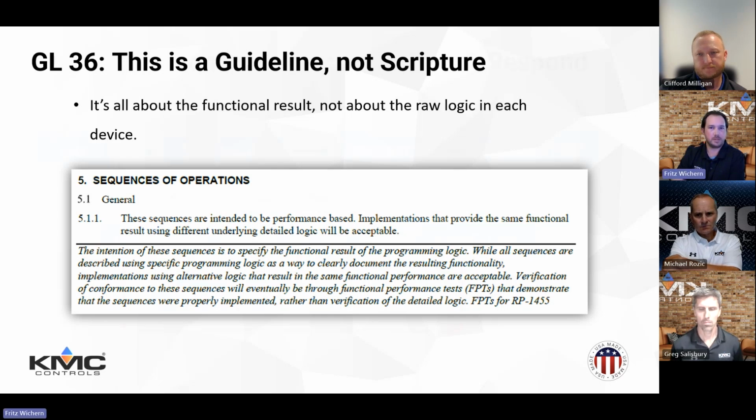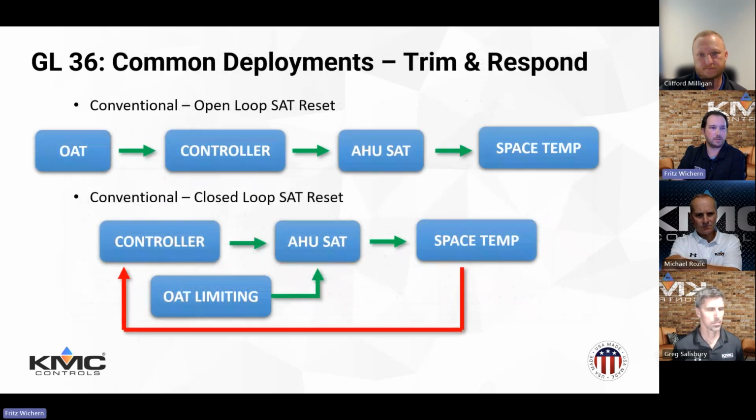So we'll step in next to some of the common deployments for the trim and respond. We've got the most common implementation of an open loop supply air temperature reset sequence. In this first setup, there's no feedback loop, and the outside air temperature determines your supply air temperature, and the air handler defines the delivery to the zones.